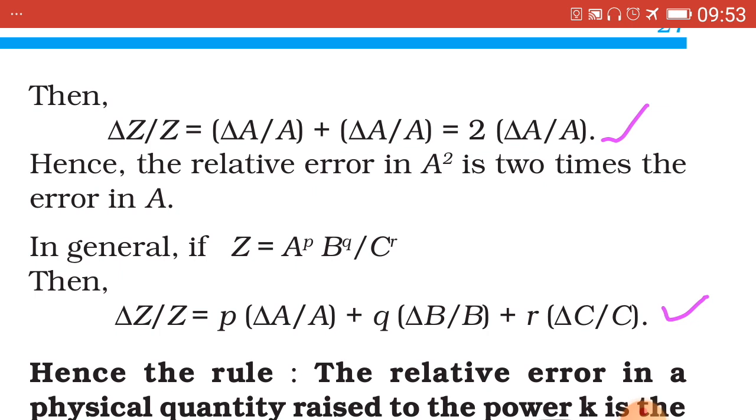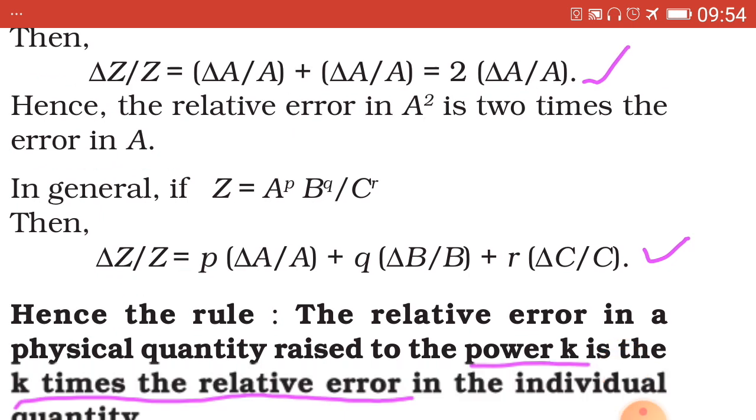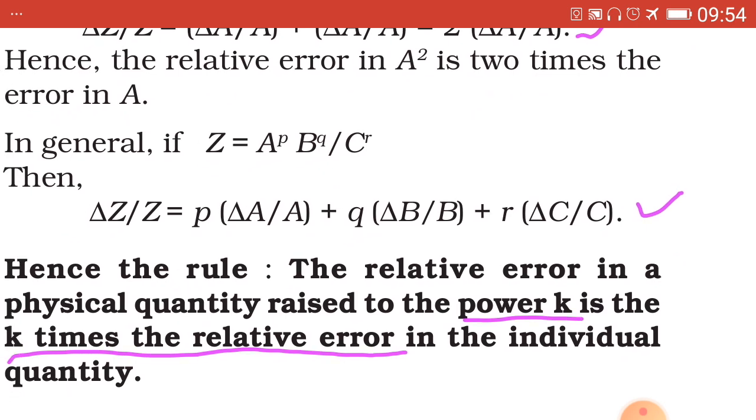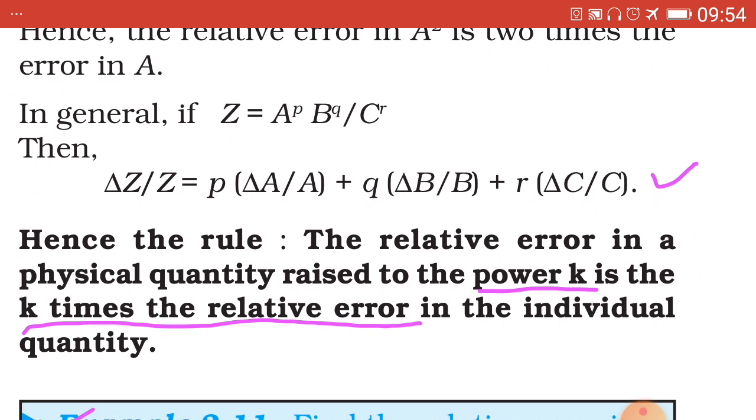So in general, if we have z equal to a raised to p into b raised to q upon c raised to r, which is shown here, then delta z upon z will be equal to, p comes in coefficient, so p into delta a upon a plus q into delta b upon b plus r into delta c upon c, which is the answer which has been tick marked.